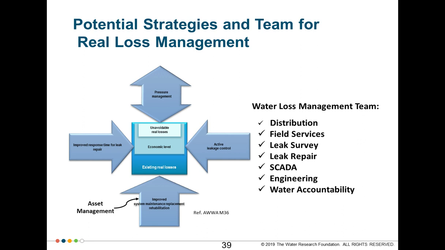Similarly, implementation of activities related to the 4 pillars for managing real losses to an economical level will likely involve staff in the functional areas listed here. 3 of the 4 pillars of real loss management are often implementable in the short to medium term. These include improving response time for finding and fixing leaks, conducting forms of active leakage control such as conventional leak detection and correlation surveys, intrusive and non-intrusive acoustic sensing, and remote detection technologies.